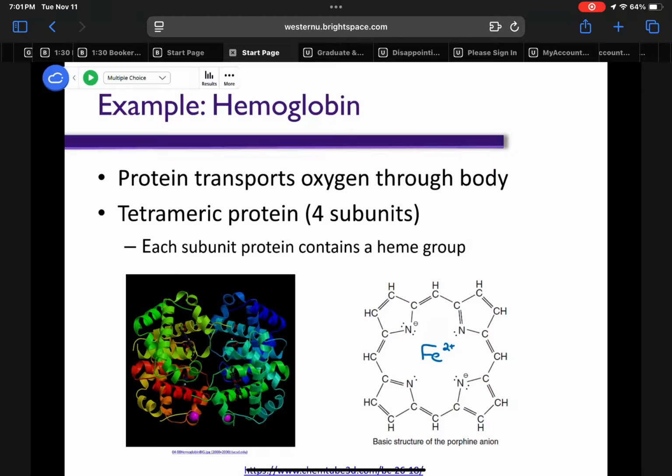It works because there's this really big porphyrin ligand. Iron can bind to the 4 nitrogen donor atoms in this porphyrin ring. And each subunit of the hemoglobin protein has one of these porphyrin rings that can bind to iron, and the iron can bind to oxygen.